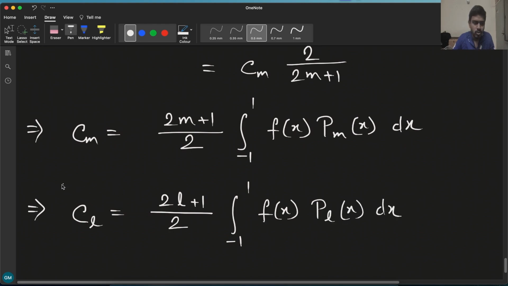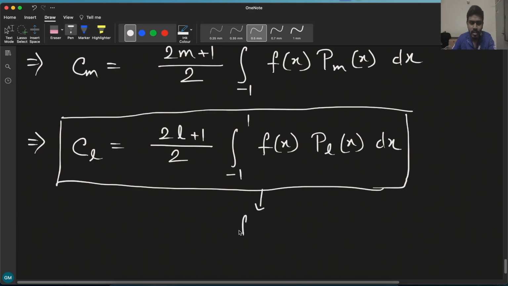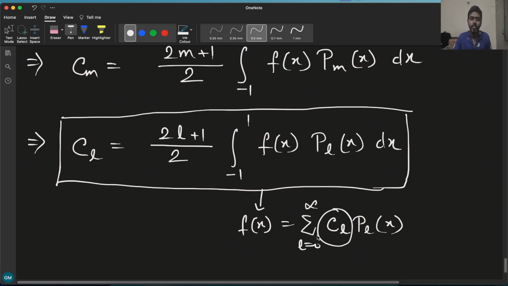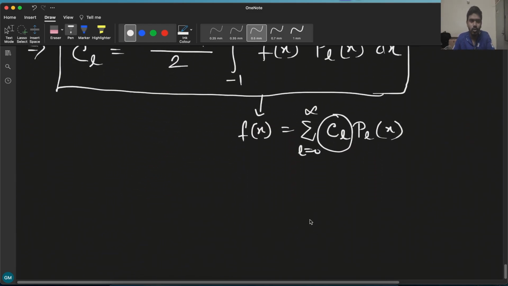So this is a general formula, where f(x) is basically the sum over L equals 0 to infinity of C_L P_L(x). This is a general formula to find these coefficients C_L.